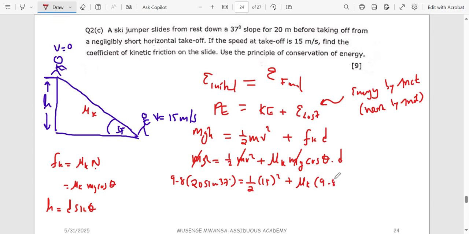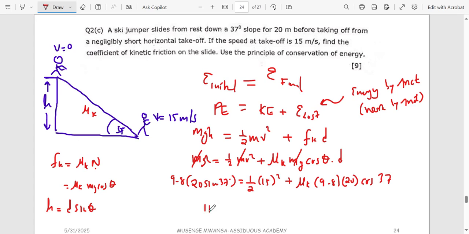gravity is 9.8. Can I start with d and then write cos theta? So that is 20, and then cos the angle theta, which is 37. So start from the beginning: 9.8 times 20 times sin 37.